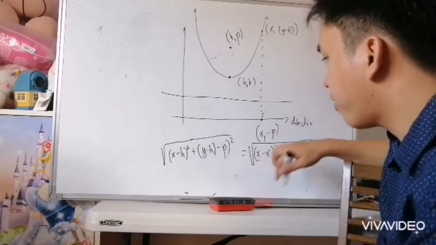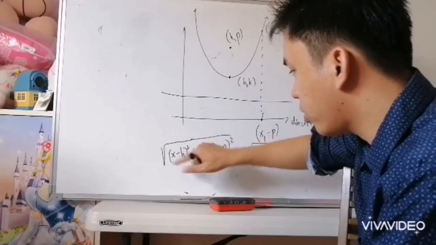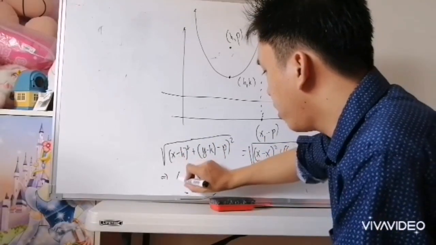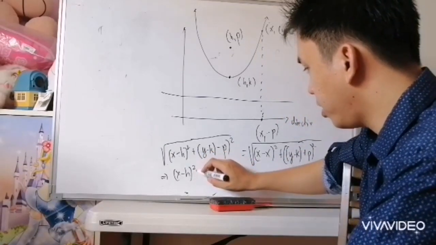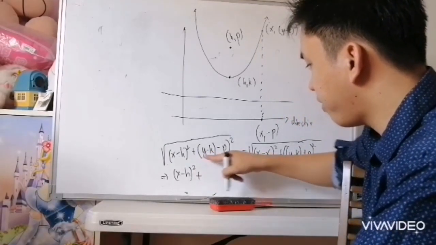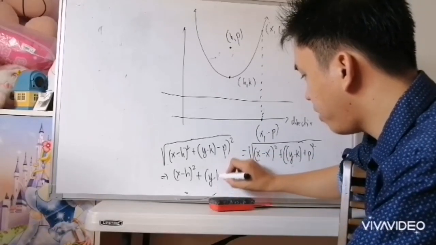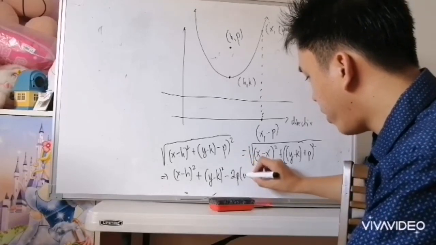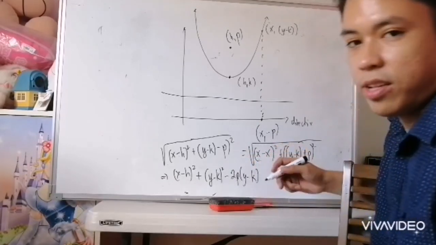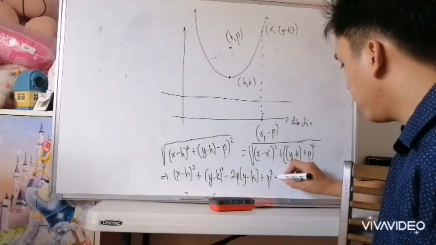I'll square both sides so the square root sign will be removed. I'll remain with this term, x minus h squared. But I will simplify this term. So this becomes y minus k squared minus 2p times y minus k, just a basic special product, plus p squared.